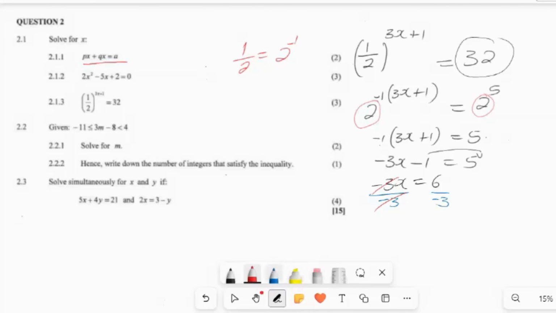Minus 3 divided by minus 3 is 1. They cancel out each other and we are left with x equals 6 divided by minus 3. It's minus 2. That's it. So now let us get rid of these ones.